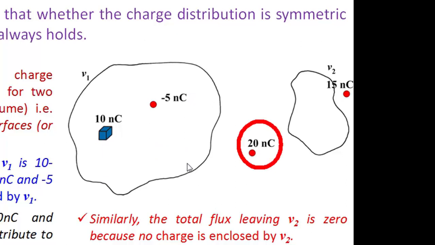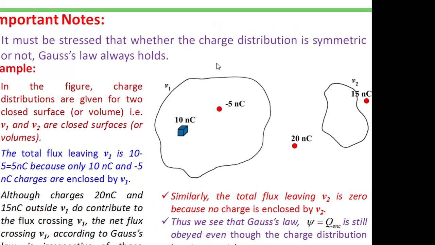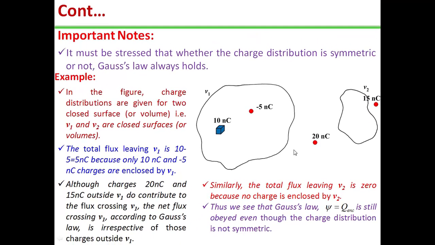Although charges 20 nanocoulomb and 15 nanocoulomb are outside of V1, they do not contribute to the net flux crossing V1. According to Gauss law, the net flux crossing V1 is irrespective of those charges outside of V1. Similarly, the total flux leaving V2 is 0 because no charge is enclosed by volume V2.